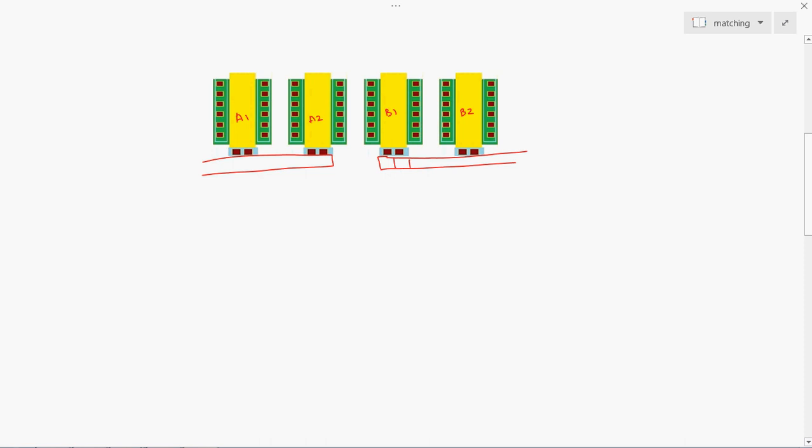Due to the sheet resistance of the metal, or due to the distance between these two transistors, at this particular point we give some input voltage and, due to the resistance of the metal, we will lose some voltage. The voltage comes this way, goes to the first transistor, and only after a short time reaches the second transistor. That is why the process variation happens here.